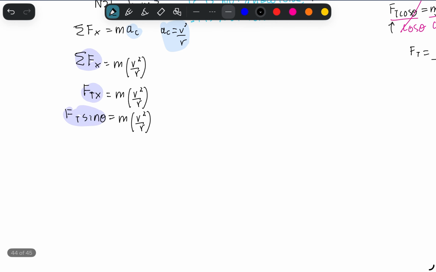Now, what we can do next is substitute our r is equal to L sine of theta. With this, we substitute it in right here. We have Ft sine of theta is equal to m times v squared over L sine of theta.